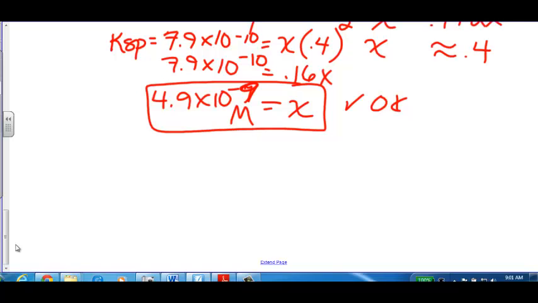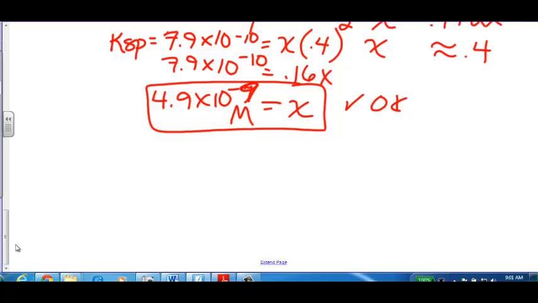How would you do B if it didn't check? Well, you'd have to leave in what? What are we leaving in B? 0.1 minus 2x. So you'd do the quadratic, right? I don't know, Penny, I don't know the answer to that.